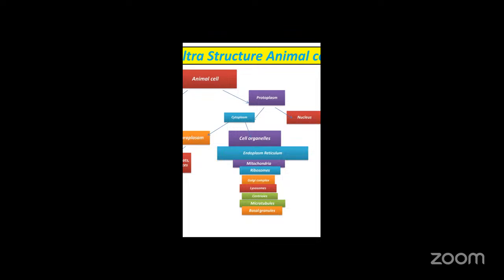This nucleus is again bounded by the nuclear membrane, and it also has a nucleolus along with the genetic material. So that is how they define the ultrastructure of an animal cell.